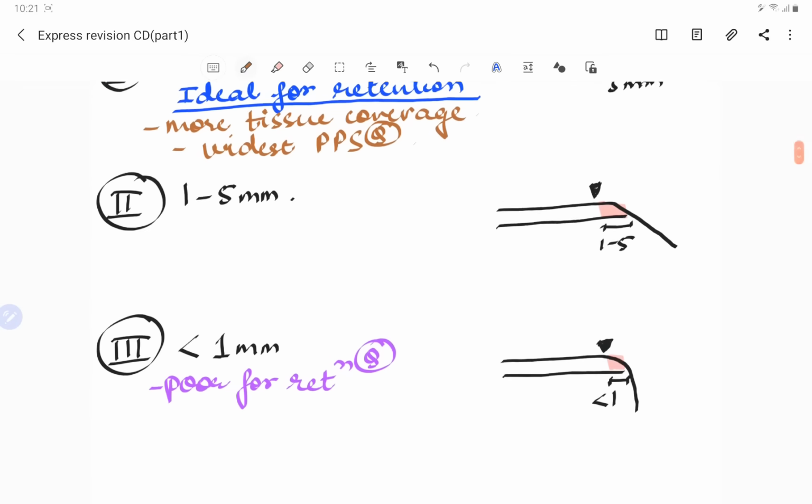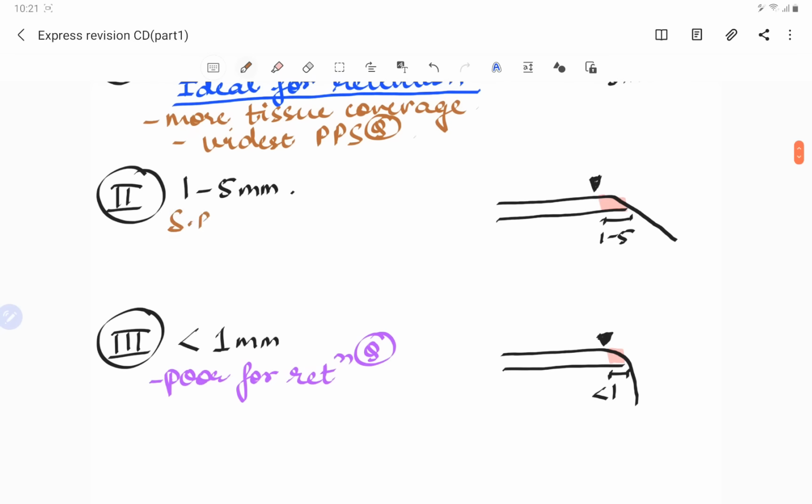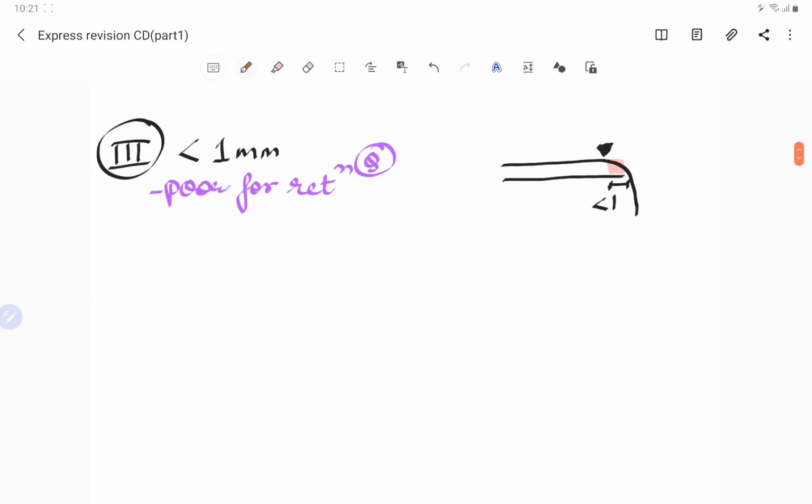The widest PPS is recorded in case of class 1. Then we have class 2, wherein the soft palate is at an angle of somewhere around 45 degrees to the hard palate. In class 3 it is somewhere around 70 degrees to the hard palate. So class 3 is seen in the V-shaped palatal vault.